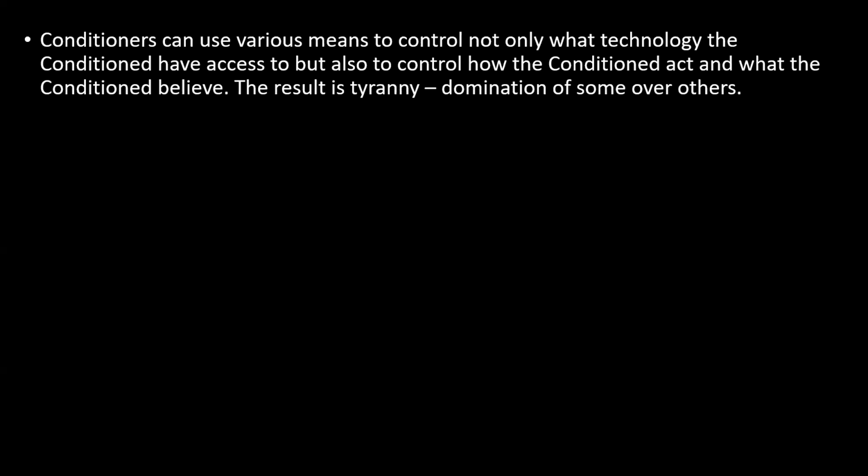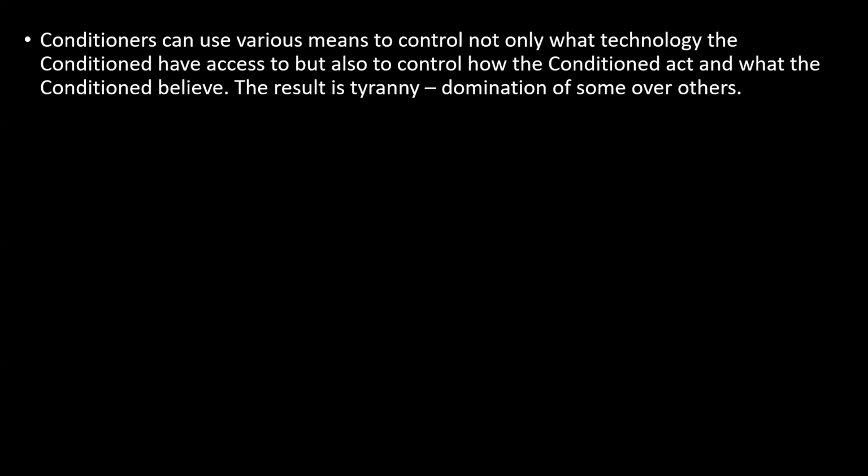And the conditioners can use various means to control the conditioned. It's not only what technology they have access to, but the conditioners can control the conditioned in a variety of ways. Technology, education, you name it, they can find ways to control, teaching different worldviews, influencing other different aspects of society.